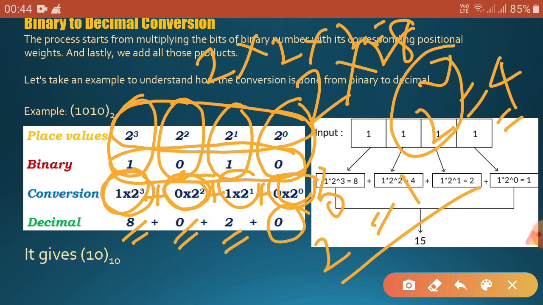Now we get 8 plus 0 plus 2 plus 0, which gives us 10. This is in the decimal form. So in this example we have converted the binary number system into the decimal number system.